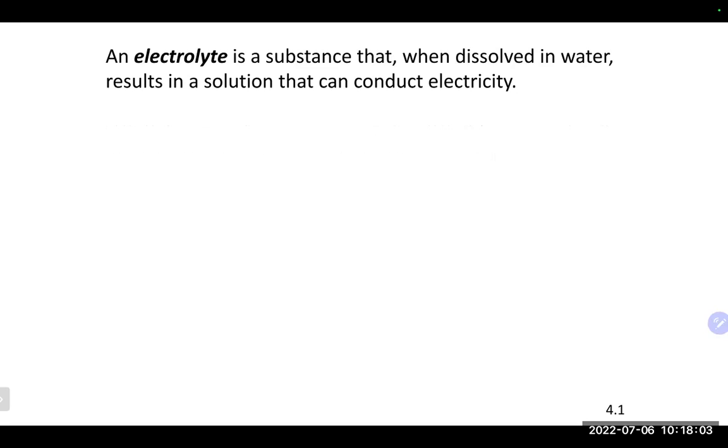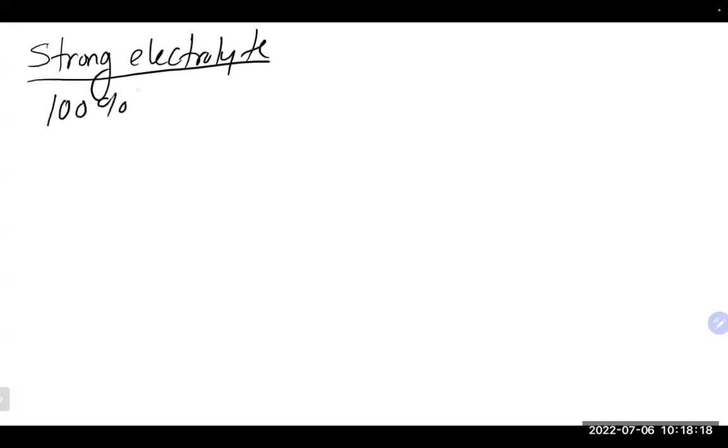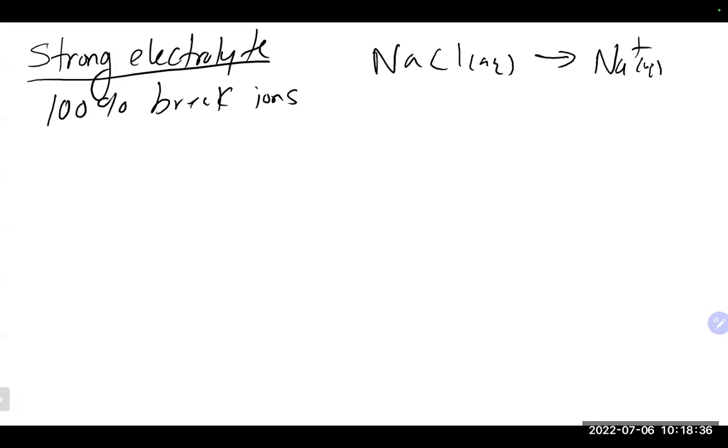There are a few different types of electrolytes. There is a strong electrolyte, and a strong electrolyte will 100% break apart into ions. There's absolutely none of the whole units left. If you took something like sodium chloride solution, even though we write it together, it is 100% broken apart into sodium ions and chloride ions.